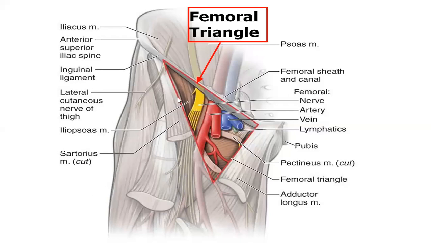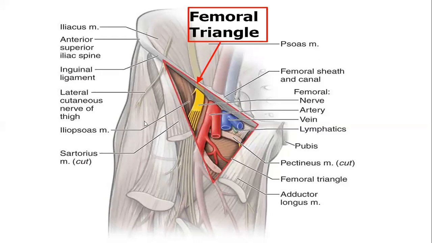Its medial border forms the lateral border of femoral triangle. What about the medial border? Medially, adductor longus forms the medial boundary for the femoral triangle, and apex is formed where the lateral wall and medial walls unite with each other inferiorly. I hope these boundaries are clear to you.